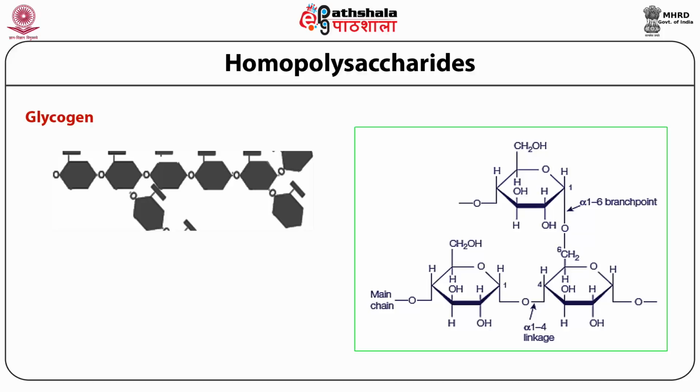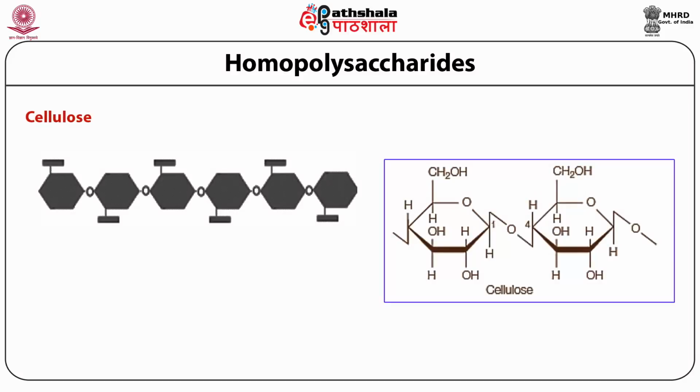Glycogen is a highly branched structure. The chain glycosidic linkage is alpha-1,4. The branching occurs with a glycosidic linkage of alpha-1,6. Beta amylase acts upon glycogen to give a considerable amount of maltose, indicating the presence of alpha-1,4 glycosidic linkage.